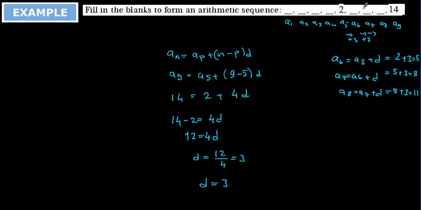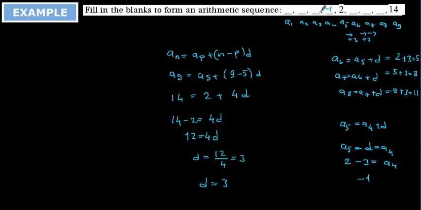And we are going to find the previous terms. A5 is equal to A4 plus d, so A5 minus d is going to be equal to A4, which means 2 minus 3 is equal to A4, so it's equal to minus 1.